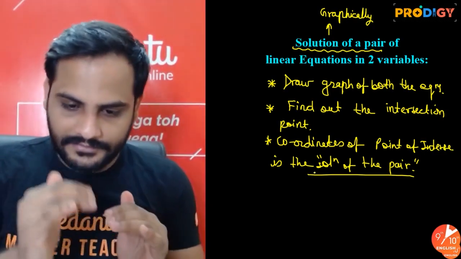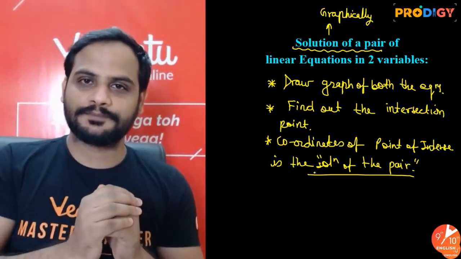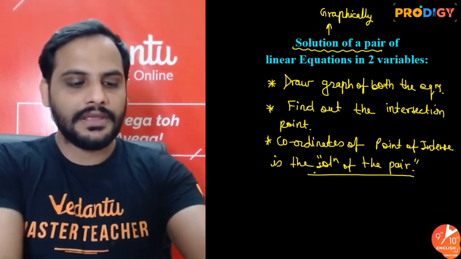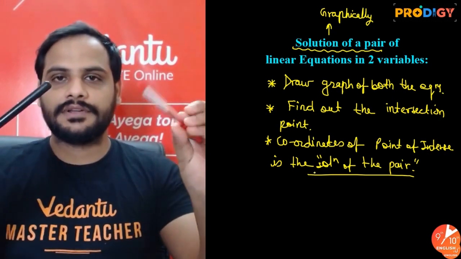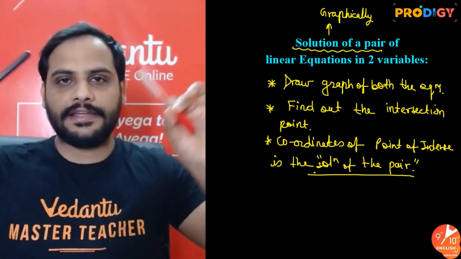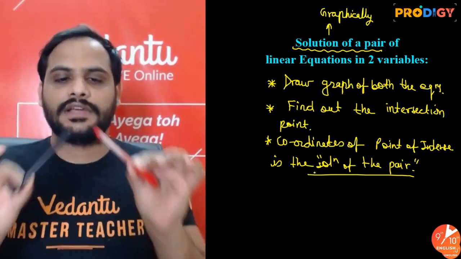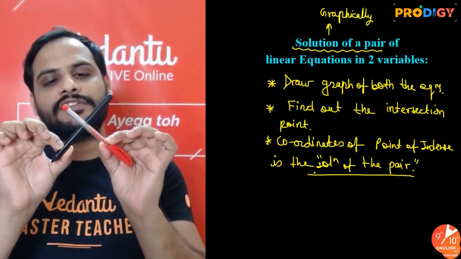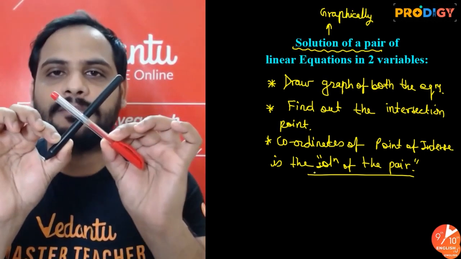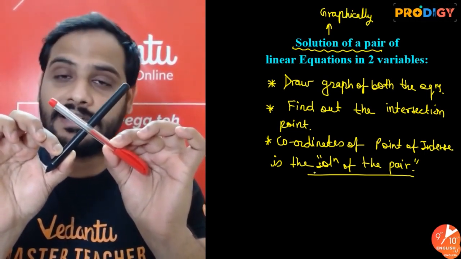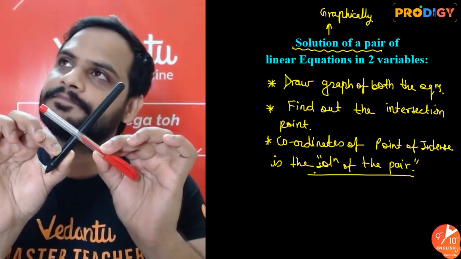Now, let's take the story a bit forward. I have two lines. These are my two lines in a plane, on your Cartesian plane. One possibility I have told you is that these two lines are intersecting. In that case, you are getting one solution.